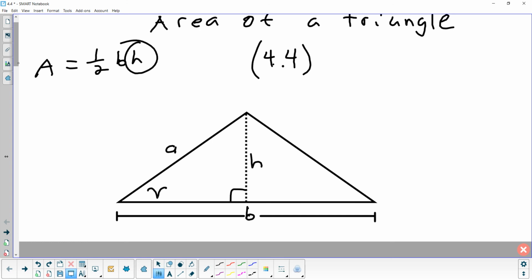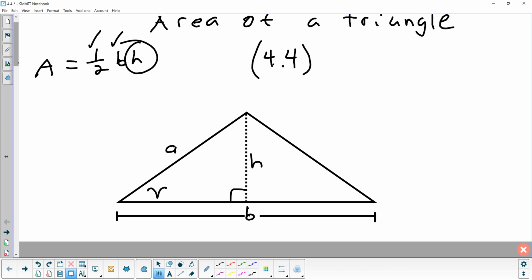If I wanted to find the area of this triangle, let me look at what I know. The 1/2, that's just a number, so we've got that. The B, we could be given that information, and you usually will, but it's the height that we don't know. So we're going to come up with a way to find the height.